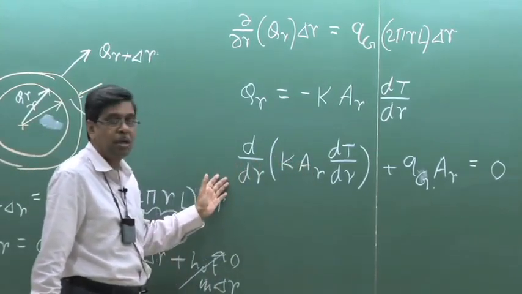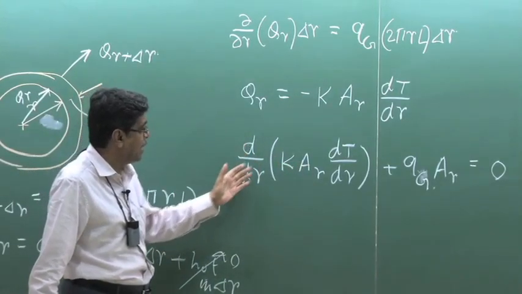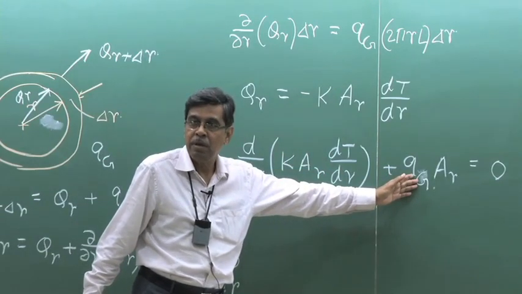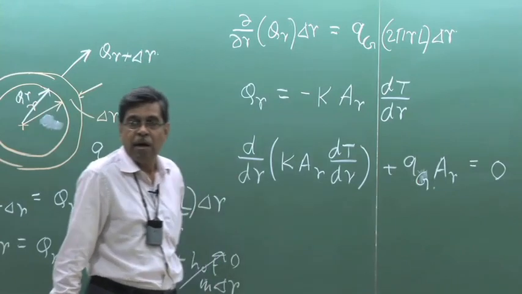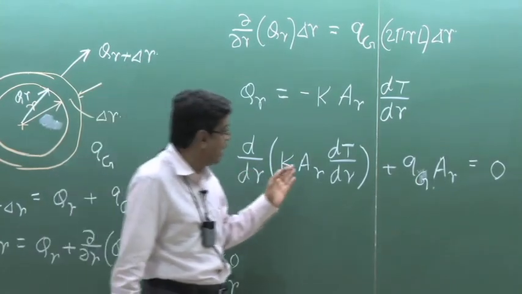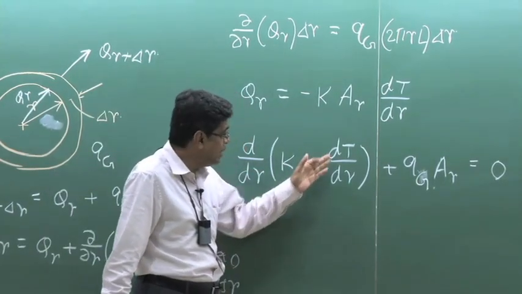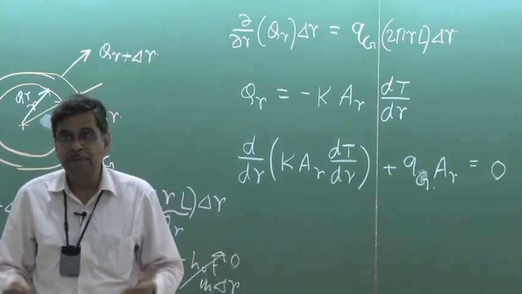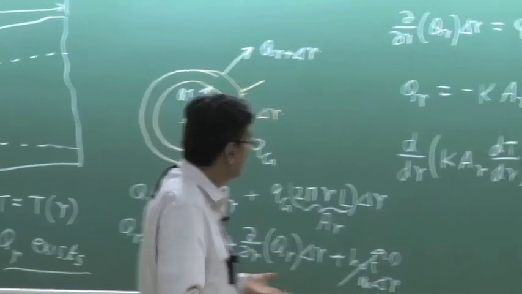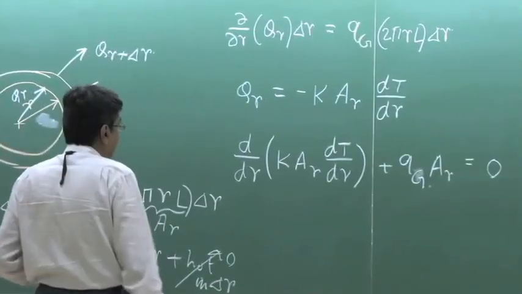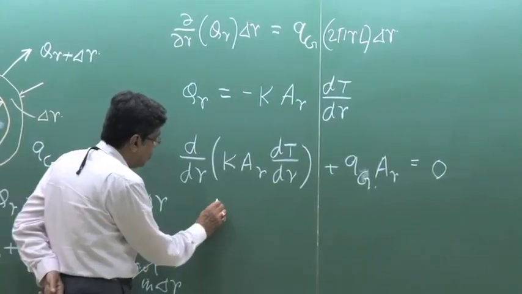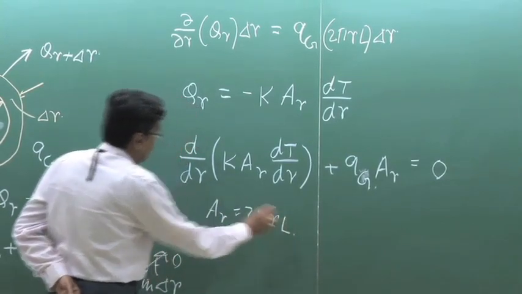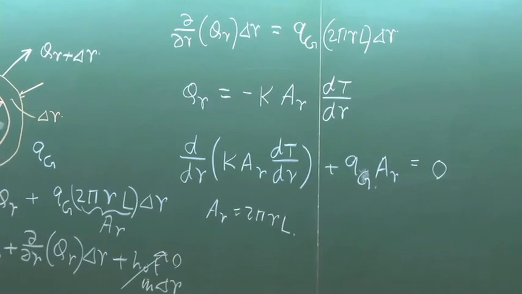It will come out and the equation becomes d dx of k dT dx plus qg is 0. In some cases it is varying, and the integration depends upon the type of variation of A with x, even if k remains constant. But here AR is fixed, AR is 2 pi r L.